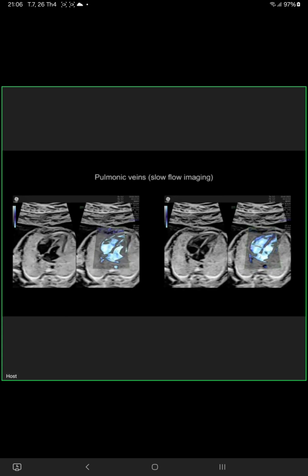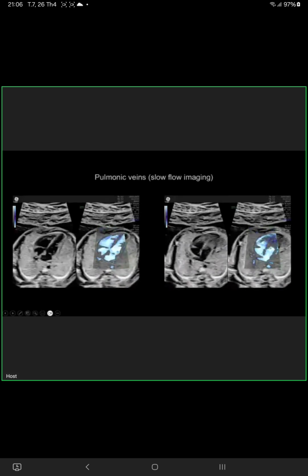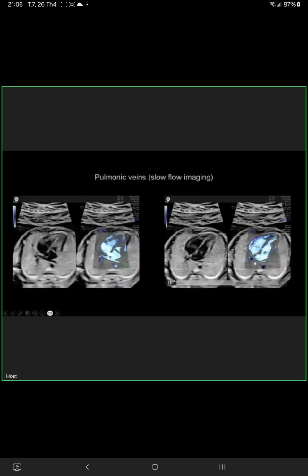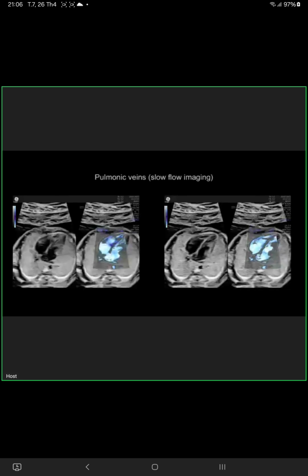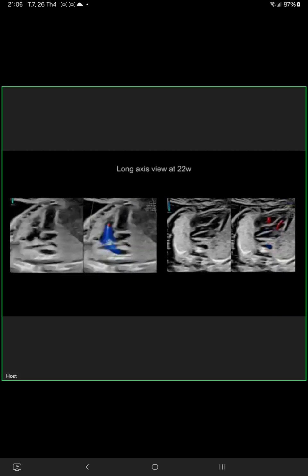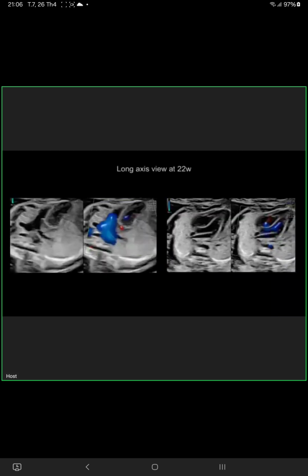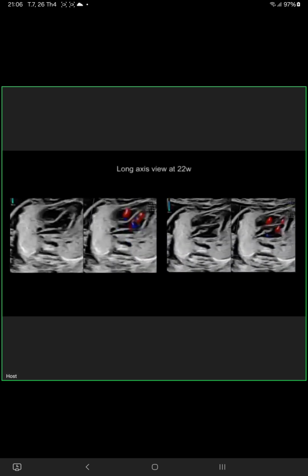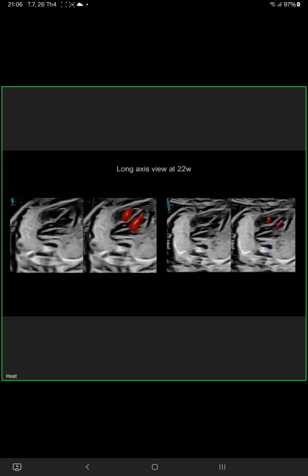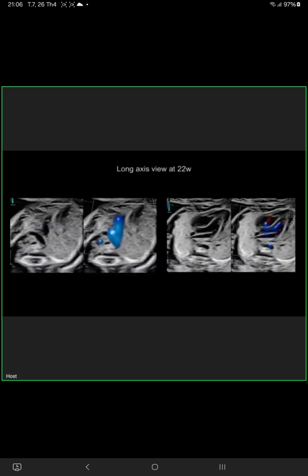These are images of pulmonic veins by slow flow imaging. It's a very good choice for examination of the pulmonic veins. You can see here 2 pulmonic veins entering into the left atrium. The long axis view at 22 weeks: normal opening of the aortic valve, normal movements of the tricuspid and mitral valves, normal movements of the septum.